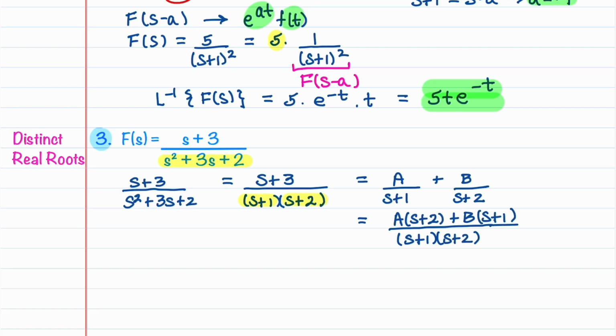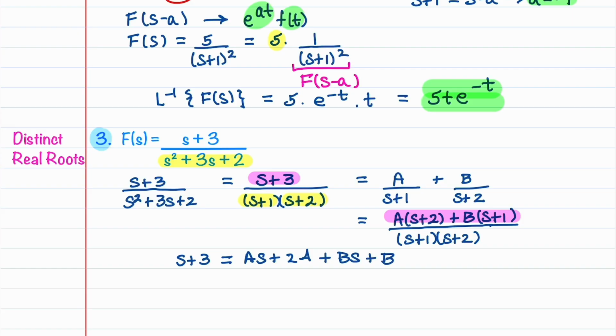Now we'll equate s + 3 to this numerator. We have s + 3, and I'm going to go ahead and multiply out this right-hand side. We have As + 2A + Bs + B.